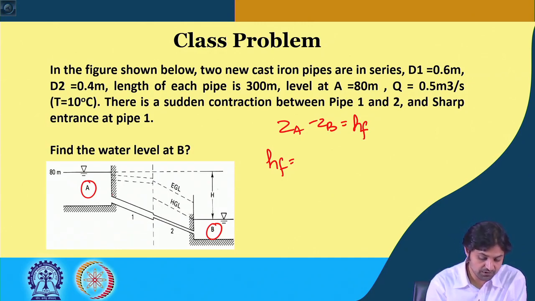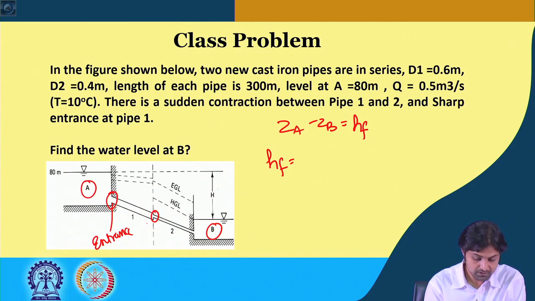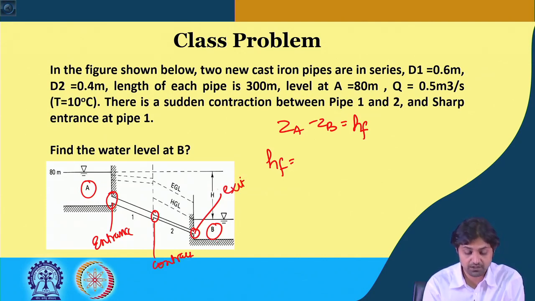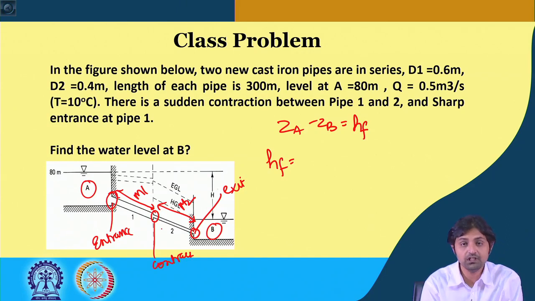There will be a loss at the entrance here, a loss here due to contraction, and a loss due to exit. These are the three minor losses. There will also be a major loss M1 here and a major loss M2 here due to the flow in the long sections of the pipe.